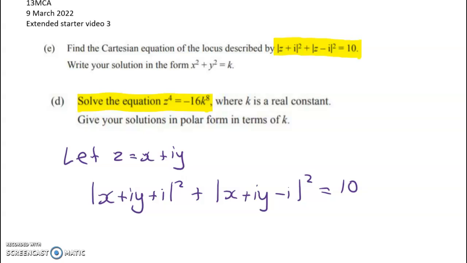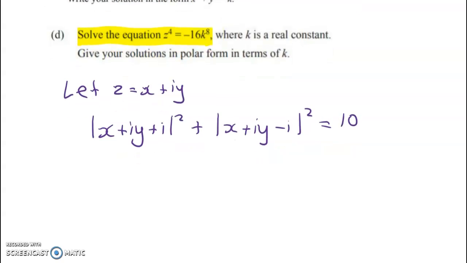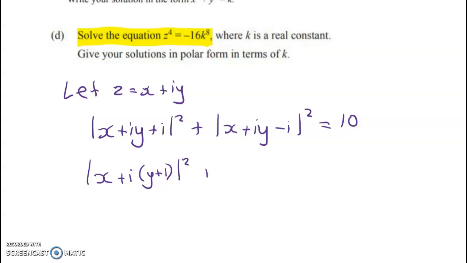The next thing I'm going to do is group the real and the imaginary parts. So we get x plus i times y plus 1 here, and x plus i times y minus 1 squared, the magnitude squared, is equal to 10.